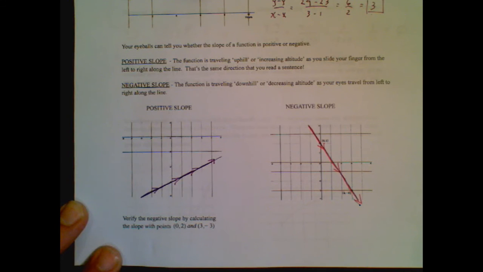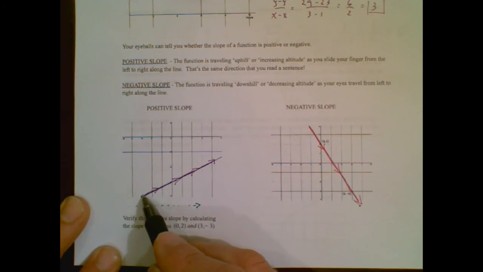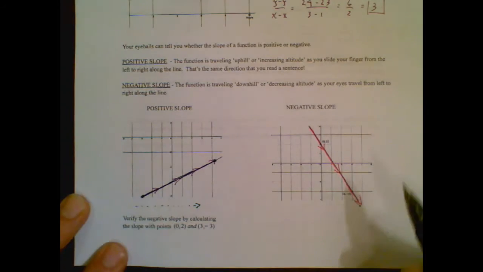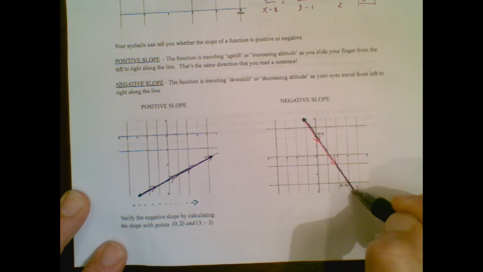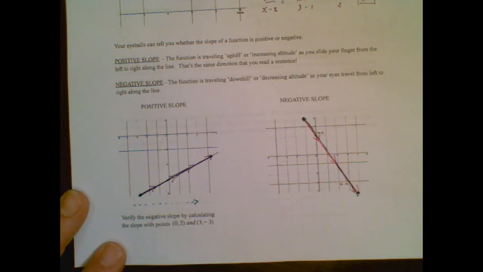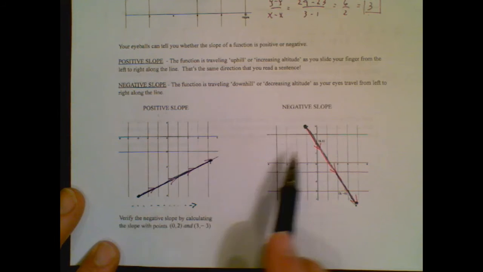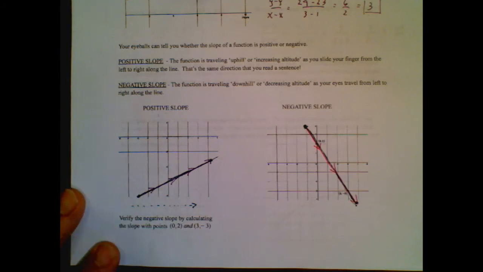And the key to reading a line is just as your eyeballs travel from the left to the right when you read a sentence, you should travel from the left to the right as you read a line. So here's the left edge of this line, and as I travel to the right, this line is going downhill. So always have your eyes scan from the left to the right: going uphill, positive slope. Scan from the left to the right, going downhill, negative slope.